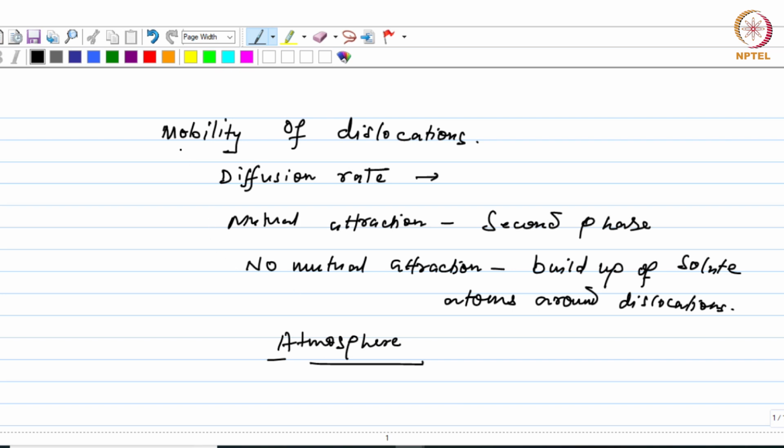So the mobility of dislocations that we talked about is basically the movement of dislocations along with its atmosphere. At high enough temperatures, the solid atoms are mobile, and therefore the atmosphere tends to move with the dislocations.